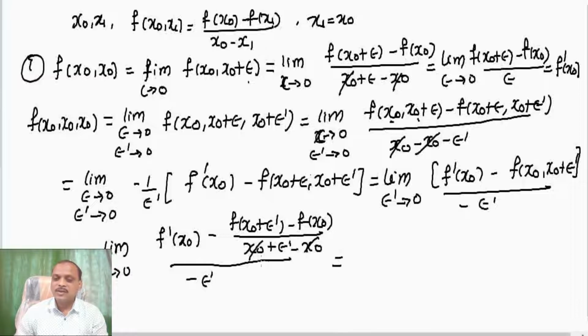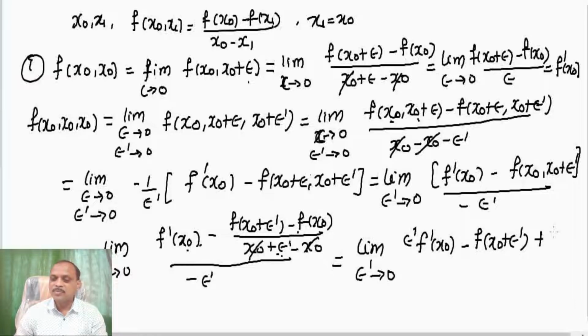So x0 cancels and we get epsilon dash. So limit epsilon dash tends to 0, and let us cross multiply: epsilon dash into f dash of x0 minus f of x0 plus epsilon dash, and this minus this will be plus f of x0, divided by minus epsilon dash square.